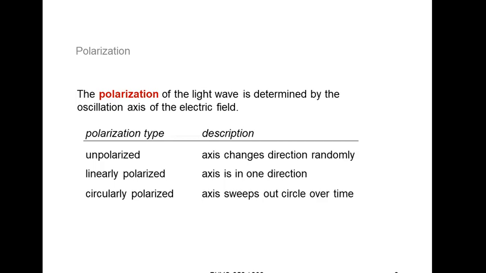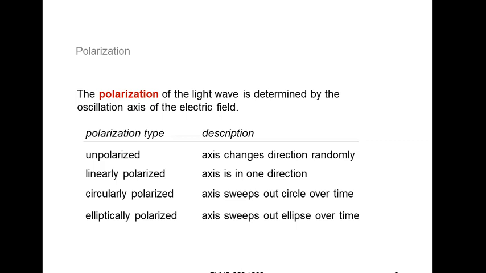If the axis is rotating with a definite pattern, and the amplitude of the electric field is constant, so the amplitude's not changing, then that's called circularly polarized light. Now you can have this rotation of the oscillation axis, but the light does not have an equal amplitude depending on the direction.